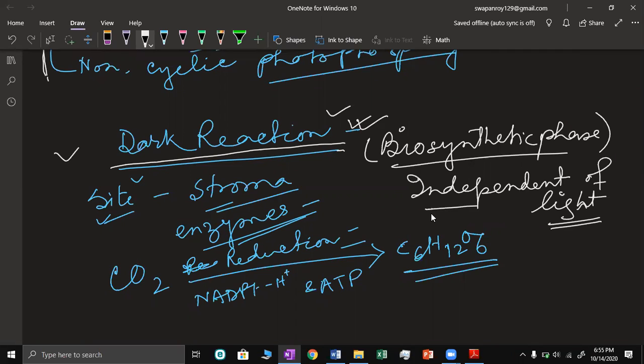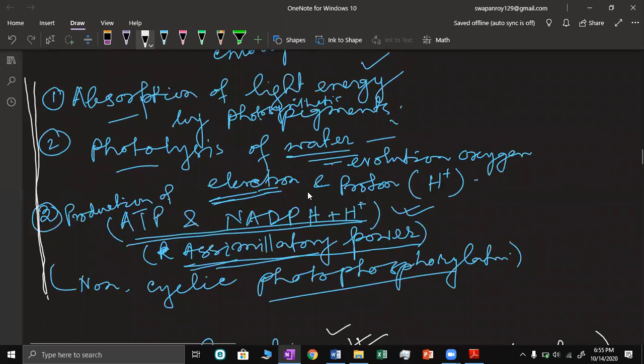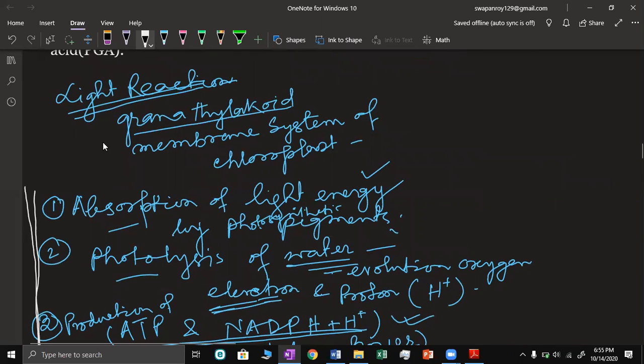So it can take place in the dark, in light, in both. But the light reaction was a light dependent process.